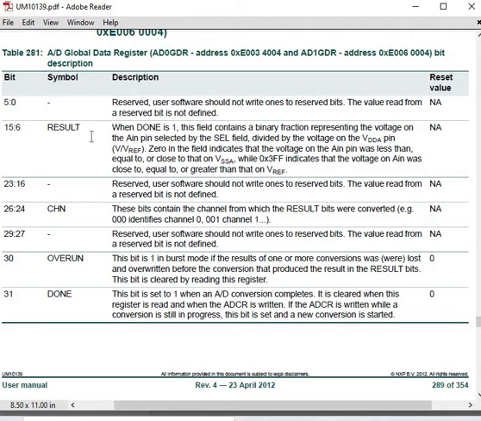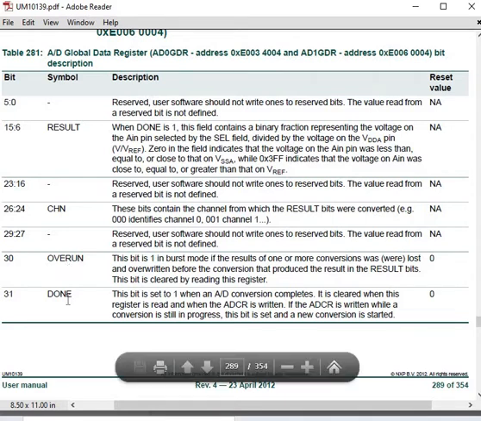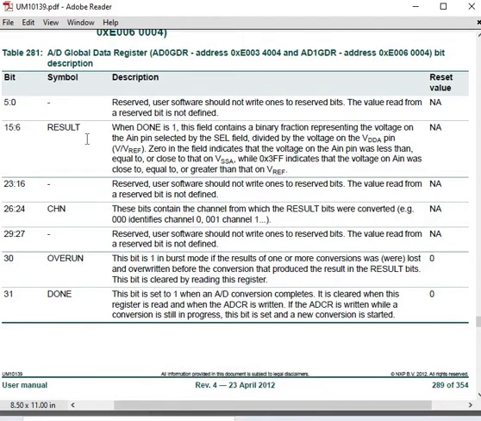The remaining bits are the same. For the data register, bit 31 is done, and the result we get in bits 6 to 15. So this is about the analog to digital global data register and the data register. Thank you.